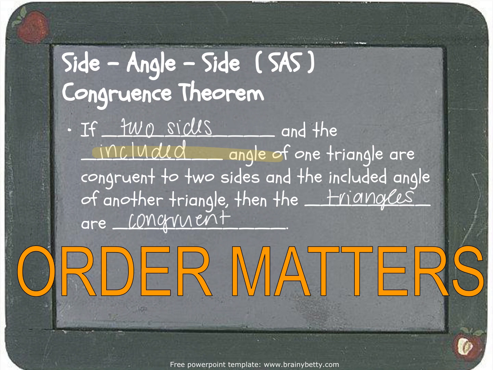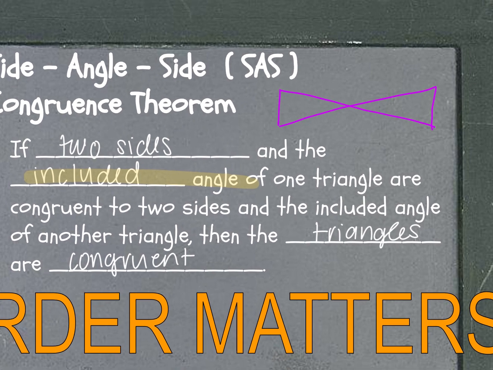So I'm going to have two triangles right here. Let me see if I can write it in black and you could still see it. I'll do it in purple. All right, so here are two triangles. I'm going to zoom in so you can see it a little better.